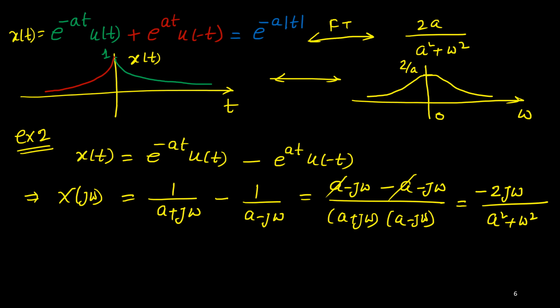So if I draw the shape, the first time, the right side is the u(t) exponential decaying signal, so I'm drawing it in that way.